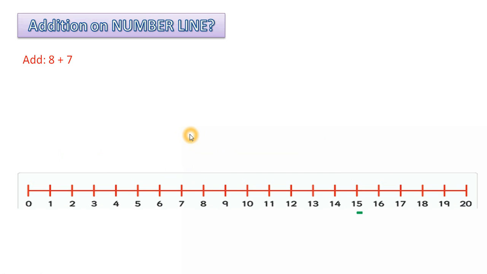Now let's take another example. Say I have to add 8 and 7. Basically, I have to add 7 to 8. To which number do I have to add? 8. So first you have to locate 8. Then you have to add 7 to 8, which means you need to take 7 jumps. From 8, these are 2 jumps, then 2 more jumps, 2 more jumps, that is 6.